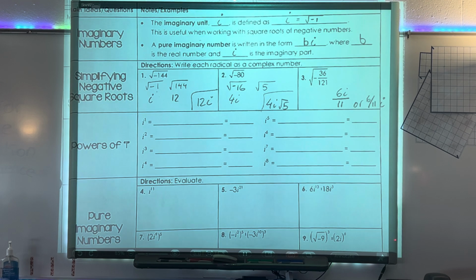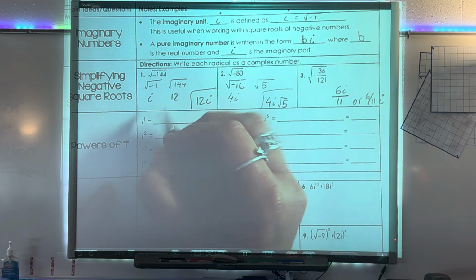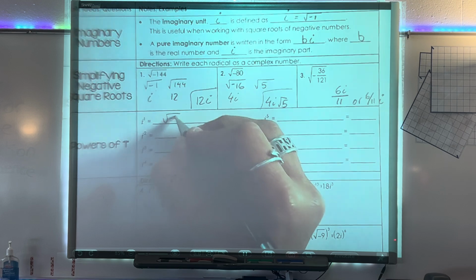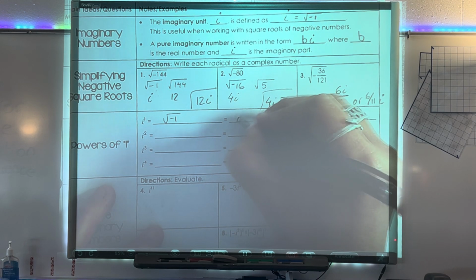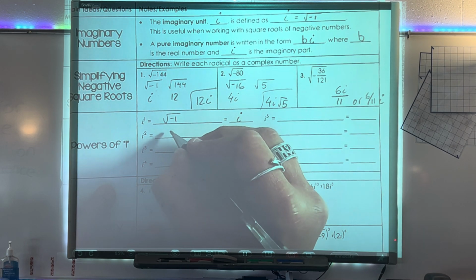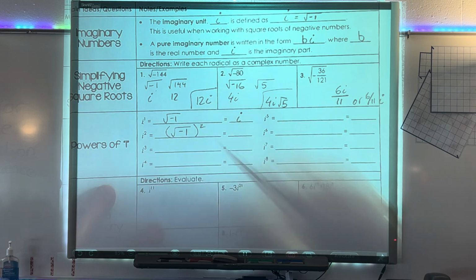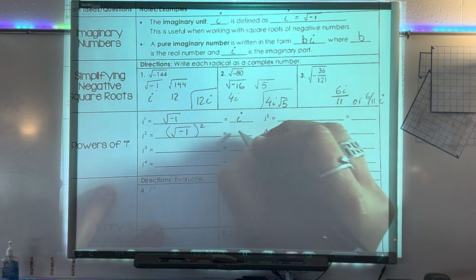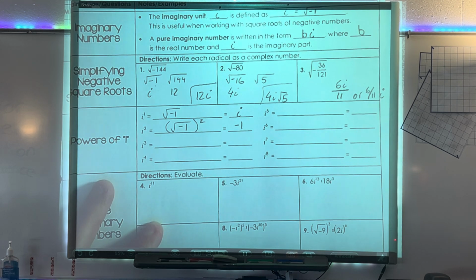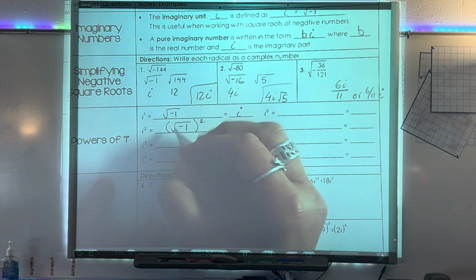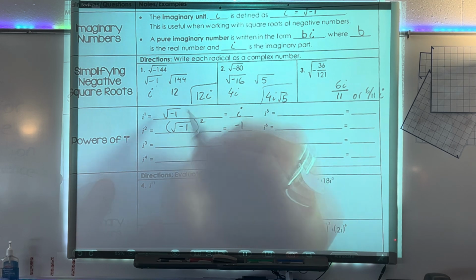Yes, okay. Alright, so those powers of i I gave them to you last year, I'm gonna give them to you again. So the first one, i to the first, the square root of -1, is just i. Then i squared would basically be the square root of -1 squared, which is just -1. Then i to the third would basically be this times this.